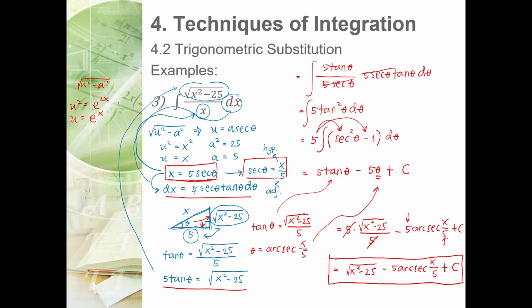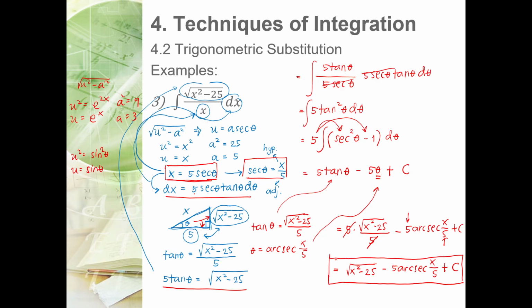Then a, let's say, is 9, then a is 3. Or your u squared could already be a trig function, like sine squared theta, then u is sine theta.